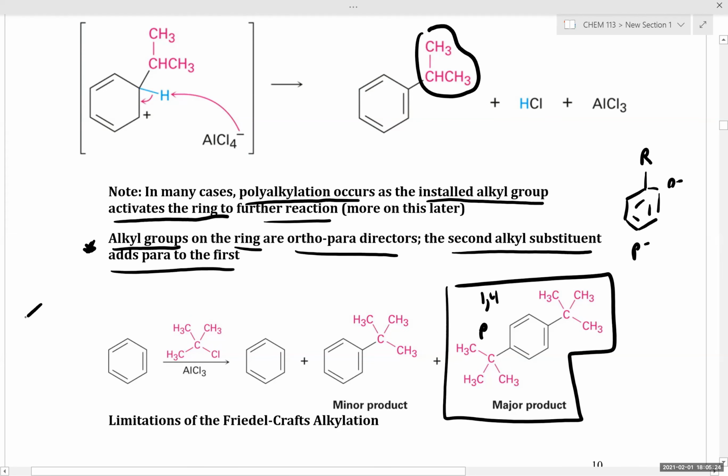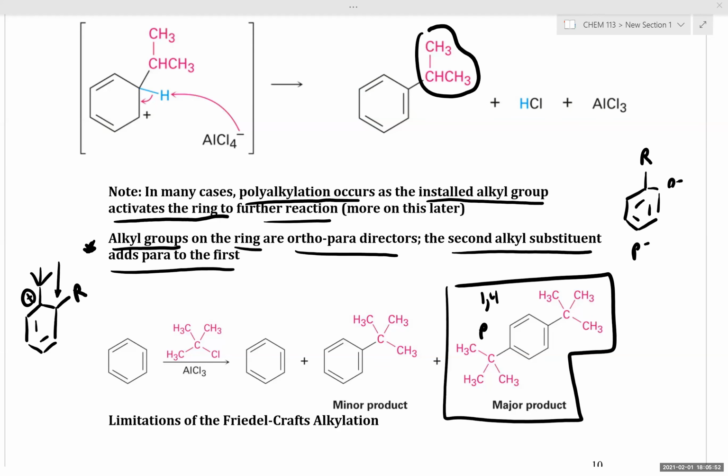Just to give you a little preview, the reason why this alkyl group is an ortho-para activator is that when we see reaction and when we install our second alkyl group that I'll call R, this carbocation, when it's adjacent to this alkyl group, is stabilized. So that's what we mean by ortho-para directors.